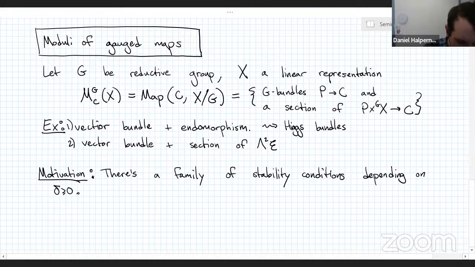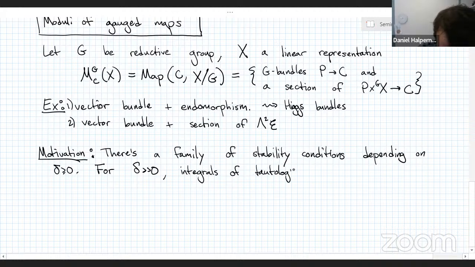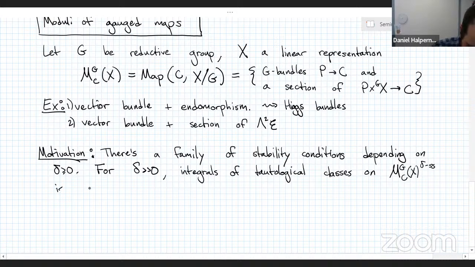And the point is that for large delta, the enumerative invariants, well, let me just say it this way: if you integrate tautological classes on the moduli of semistable gauged maps, so there's delta-semistability, it is related by wall crossing to the Gromov-Witten invariants.